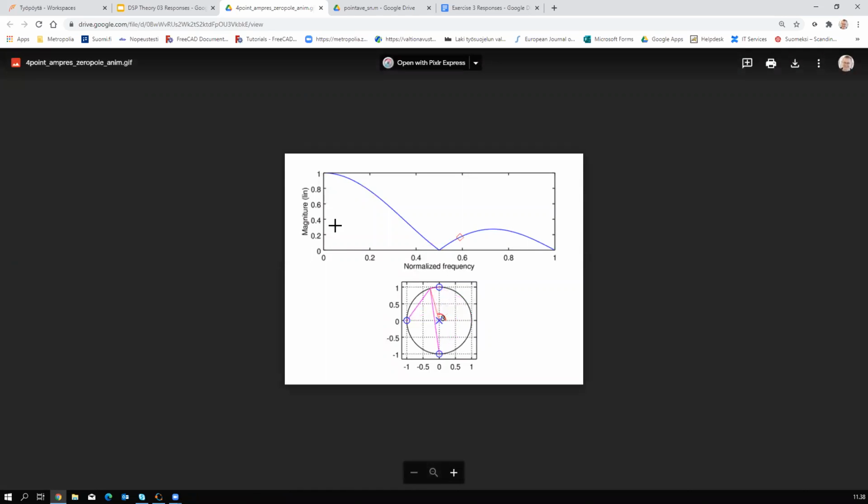You know that you never use a linear scale, but for this effect, I have drawn it that way. So we start on this angle and move this point on the unit circle, calculating this product. It gives you nice smooth values for the amplitude response.